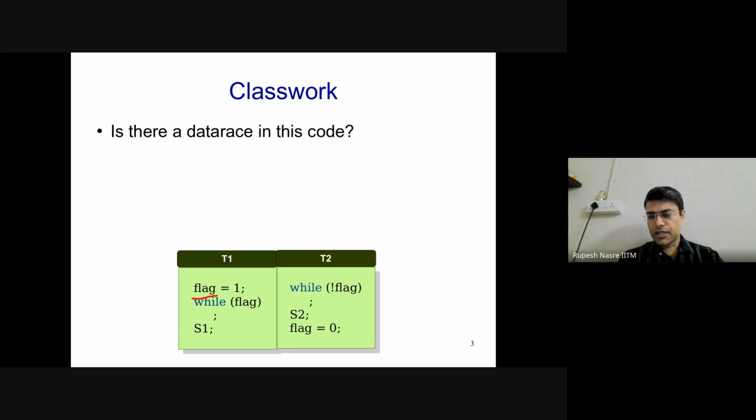And therefore, there is a data race happening in this program. Data race doesn't necessarily mean that the program output will be wrong. Although many of the parallel programming languages do not give guarantees when it's a data racy program. So they require data race freedom to ensure that certain guarantees are maintained.